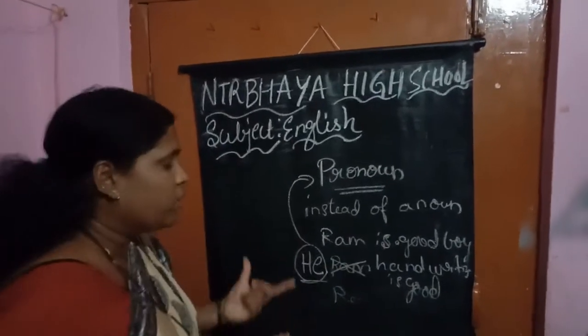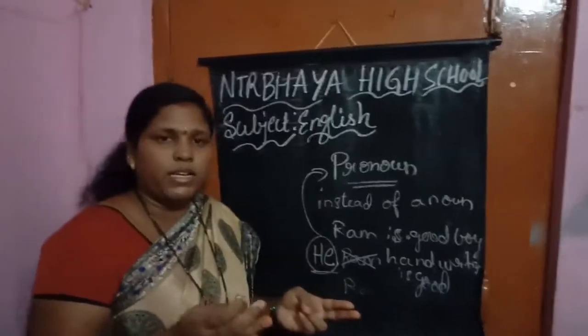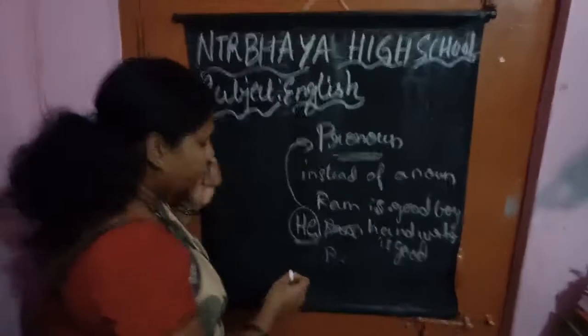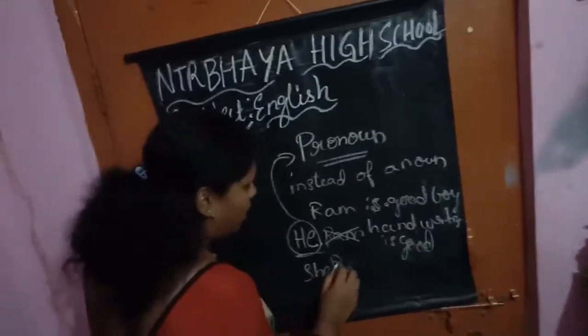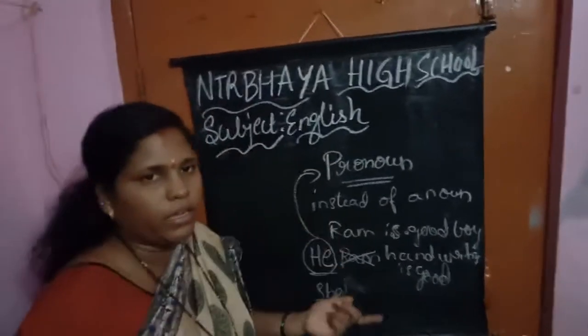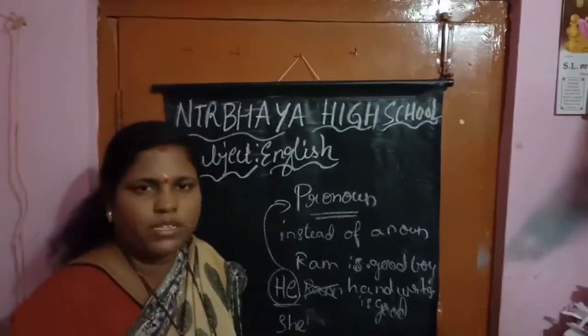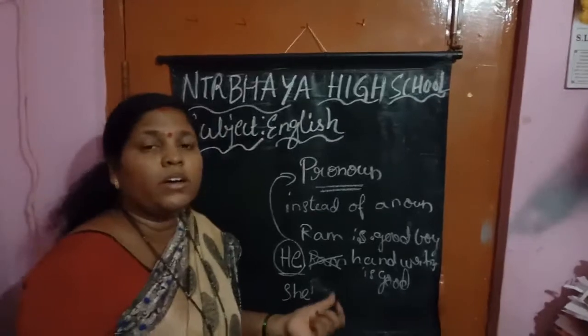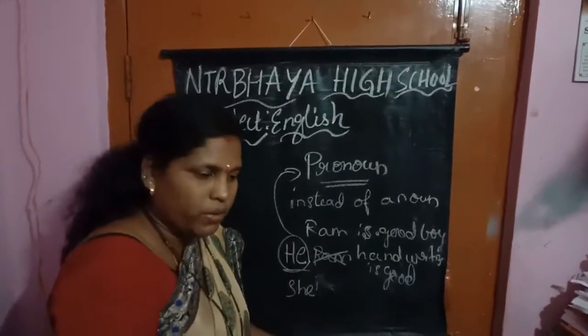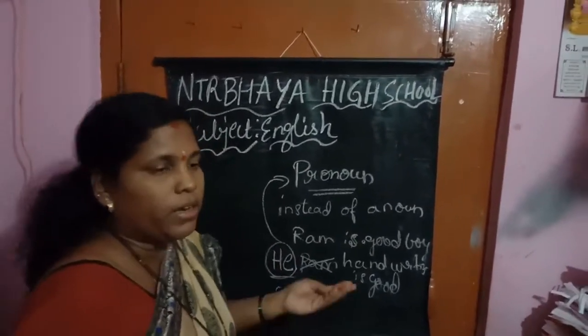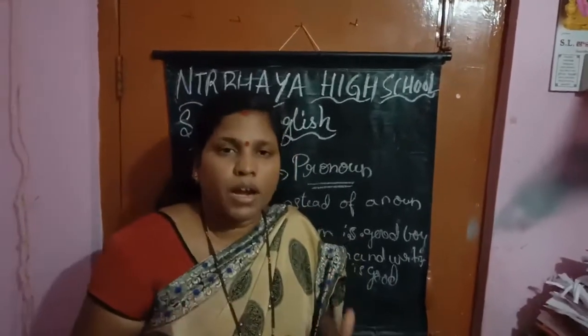For the boys, we will use he. Yes, children. For the girls, we will use she. I wrote now Rani, and every time I can't write Rani. So we are using the word she. She is a good girl. She is very talented. Like that we are using the pronoun there.